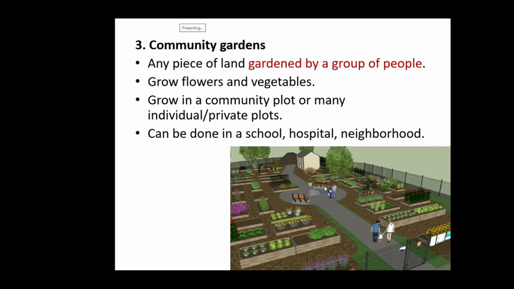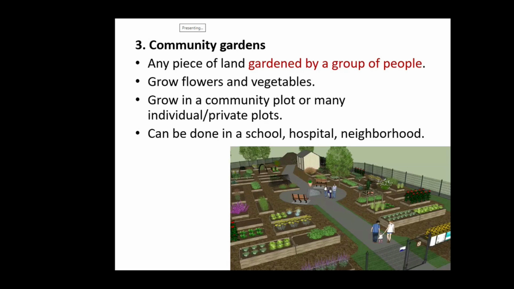Sometimes individual plots they can lease, sometimes offices or companies will give their lands for this purpose, so we can make use of that. Maybe some IT companies or colleges will give some land. Students and teachers will be part of maintaining that garden, and they will grow vegetables and flowers. They will also harvest and utilize.